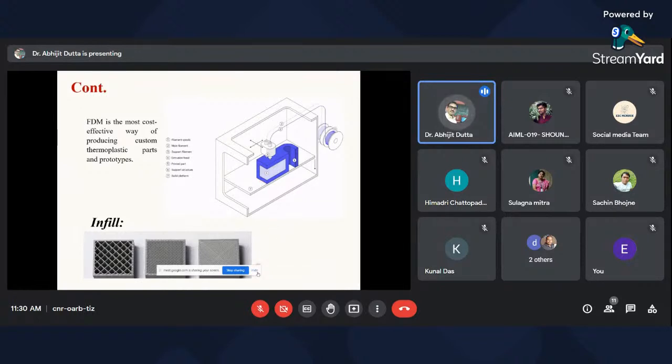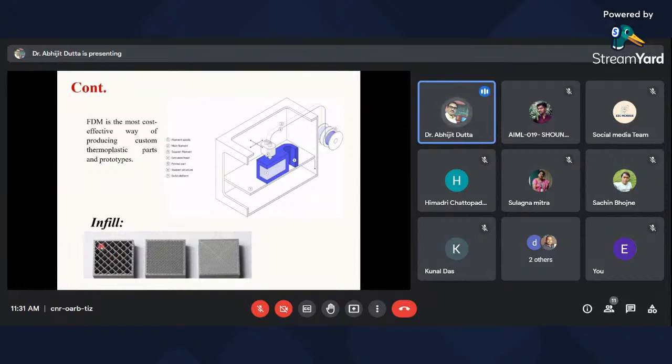Now, in fused deposition modeling, infill plays an important role. Infill means it provides the mechanical strength of the model. Depending upon the strength we require, the infill is chosen. This one is say 25%, 75%, and this is around 90% infill.